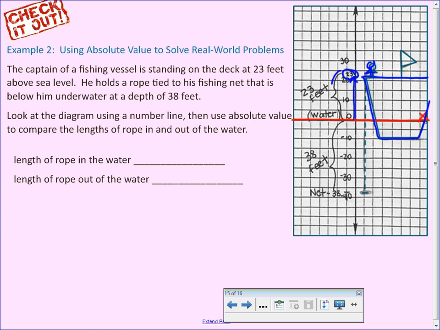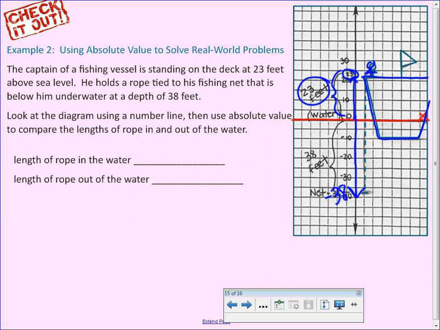So what is the absolute value? 23 feet. But now his rope is how far below sea level? He's 38 below, so that's negative 38.